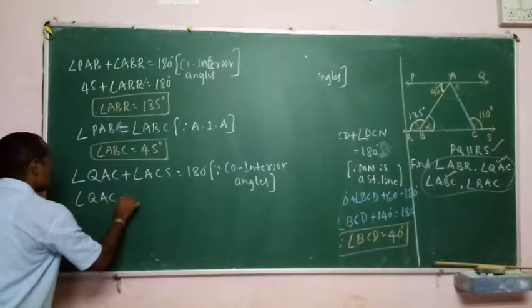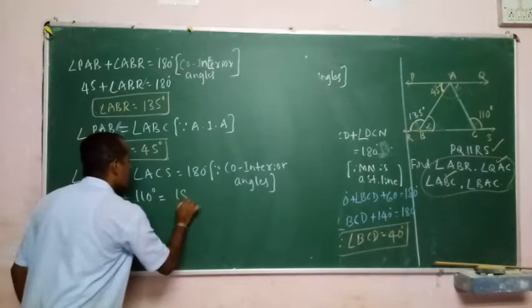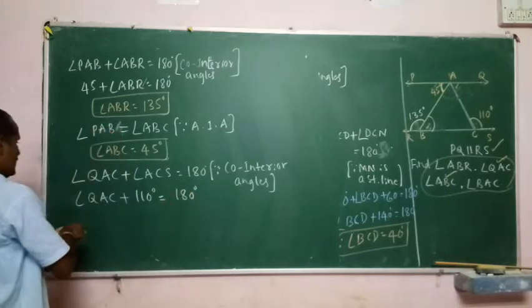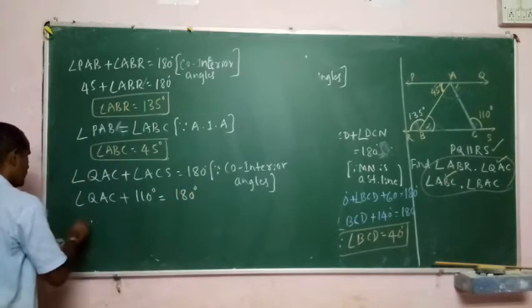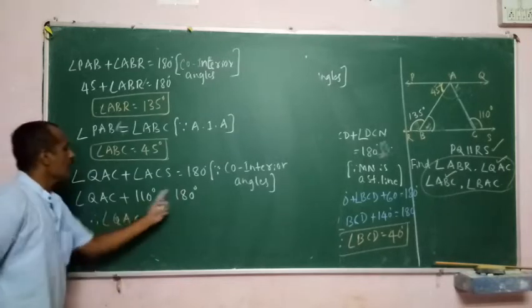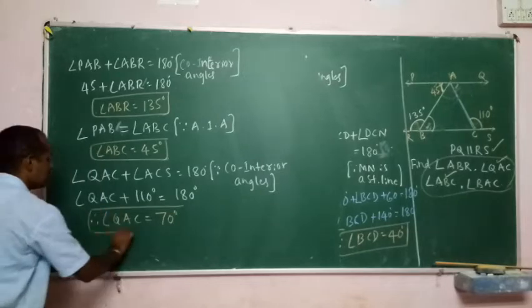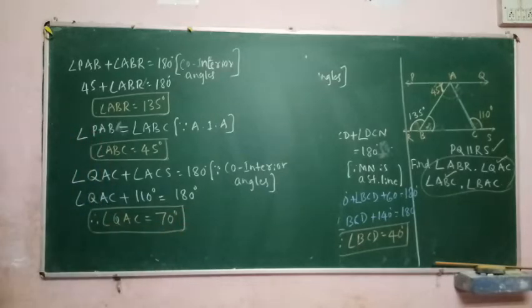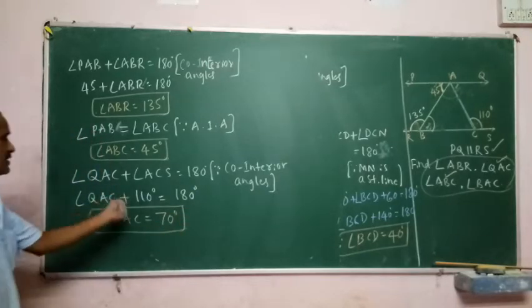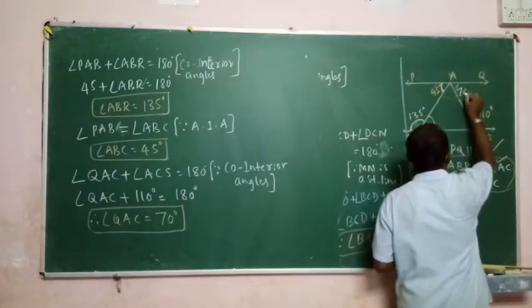Angle QAC plus 110 degrees is equal to 180 degrees. Therefore, angle QAC is equal to 180 minus 110, that gives you 70 degrees. You got this angle also 70.